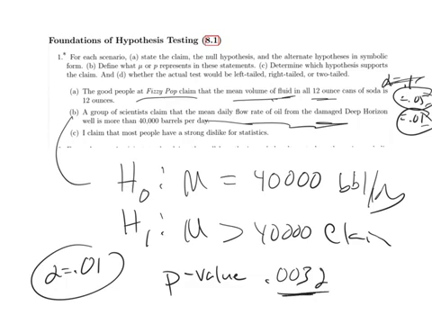So that number is smaller than our level of significance, so we're going to reject H0 and say that the data supports the claim that the mean daily flow rate of oil is greater than 40,000.